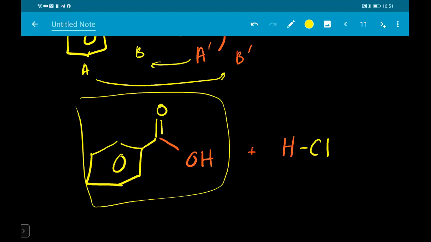Okay, thank you Usna, it will be benzoic acid. Correct. The side product is HCl.